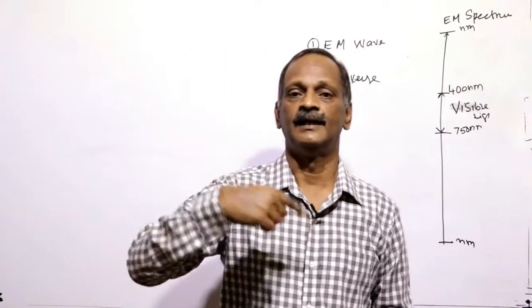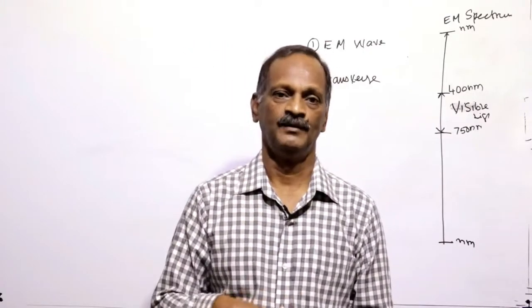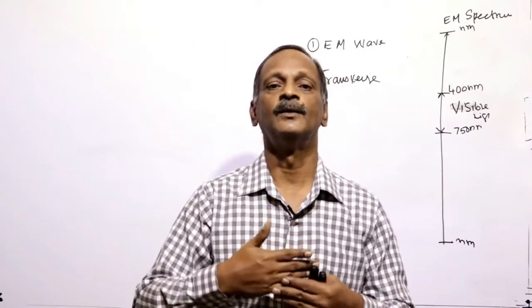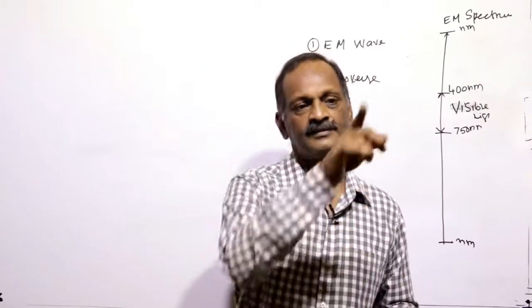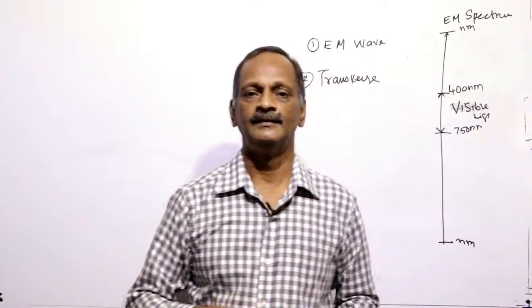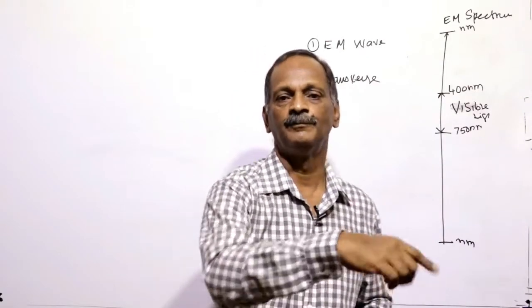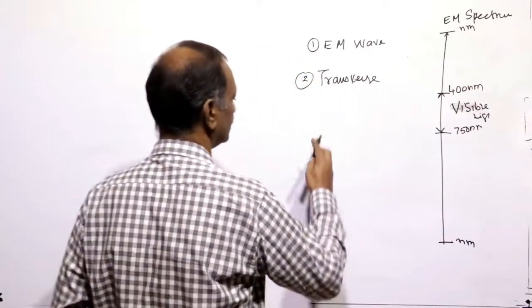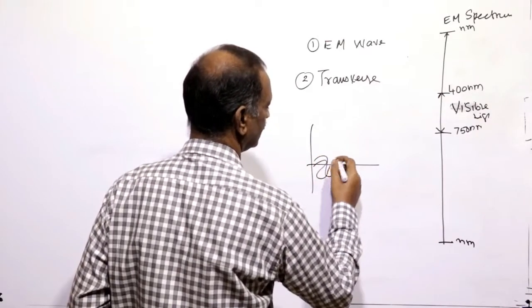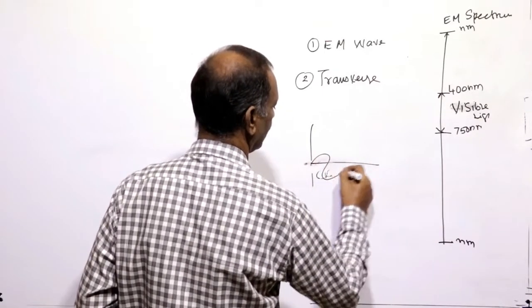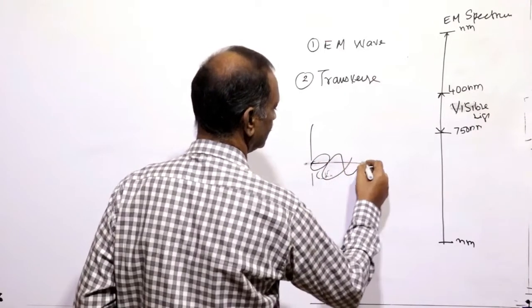Transverse means the electric field and magnetic field both oscillate perpendicular to each other. Here this is the x-axis, the electric field is oscillating like this, and the magnetic field will be oscillating perpendicular to it.